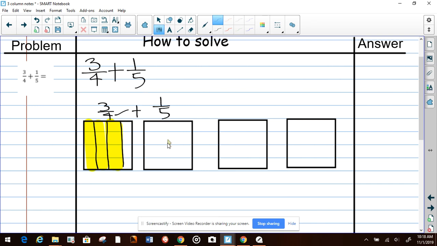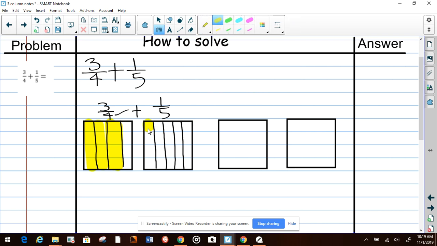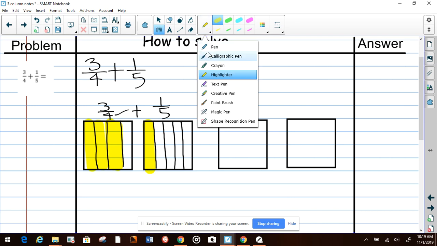This rectangular fraction has to show 5 segments, and it's done by drawing 4 lines. We're going to show that with 1/5. So here's the 1/5.